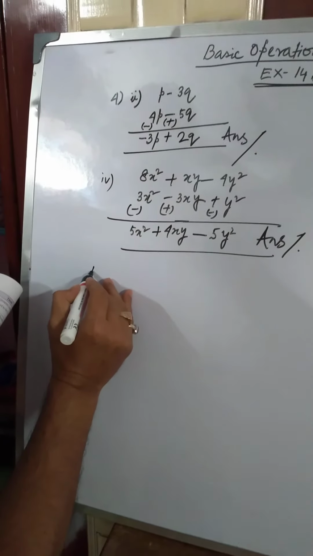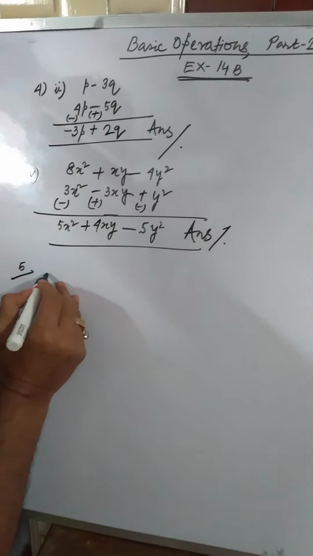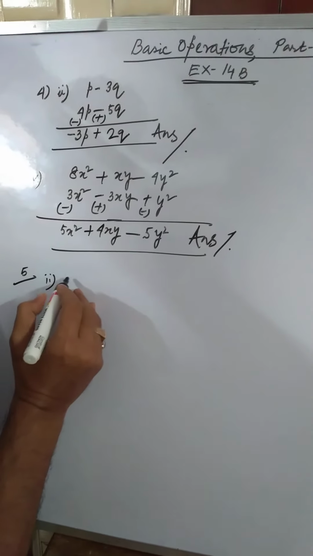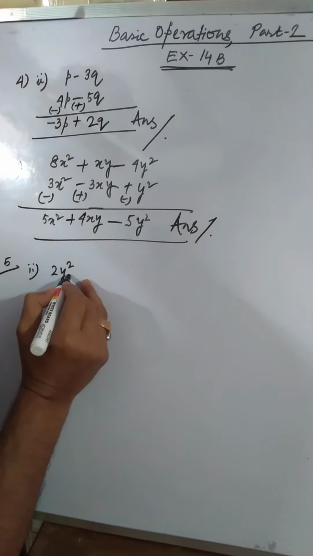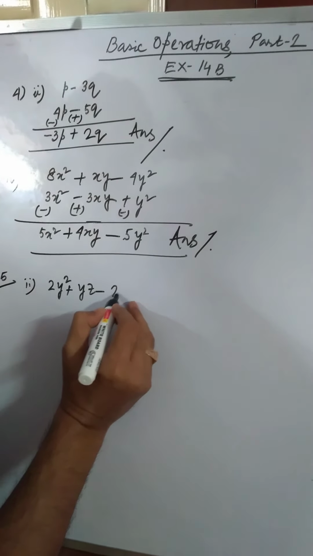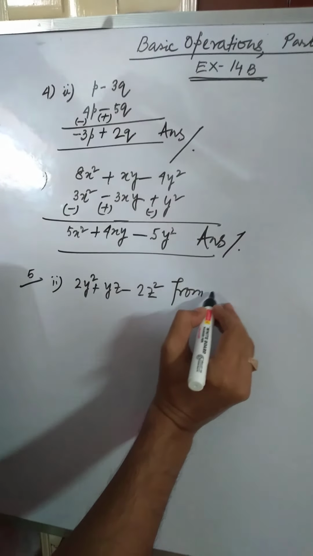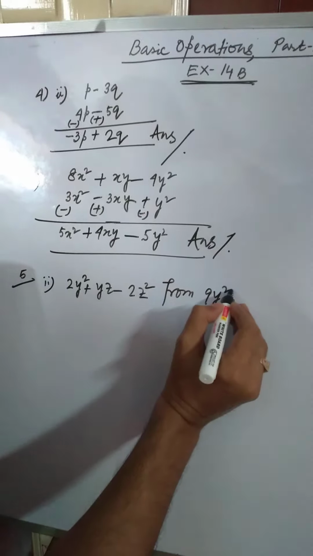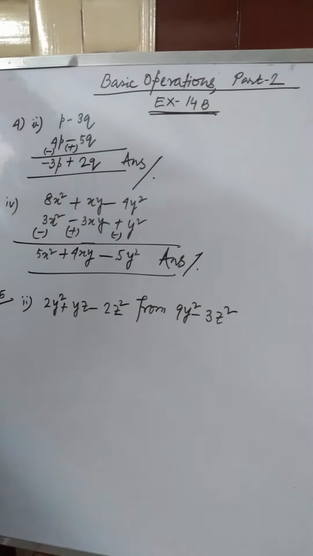Next one, question number 5. The question is take away. Take away, say 5 Roman 2. Take away means subtraction. Take away 2y square plus yz minus 2z square from 9y square minus 3z square.